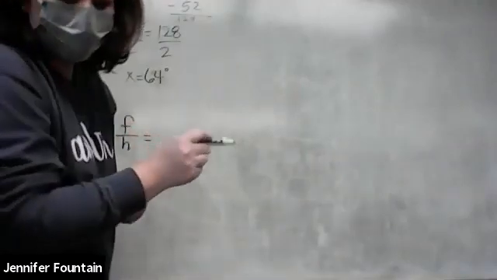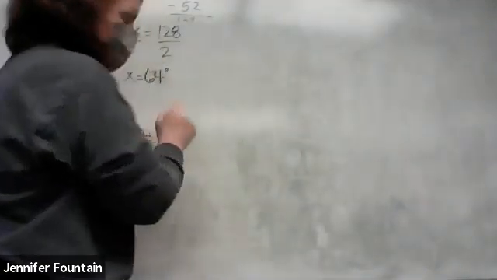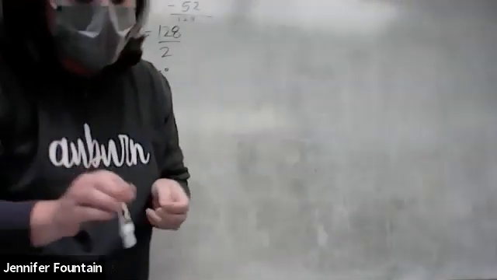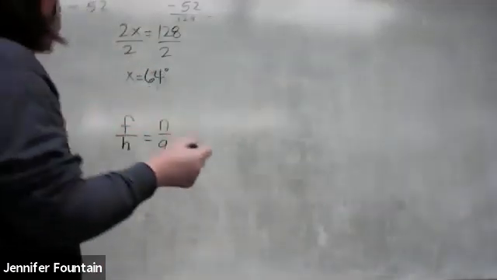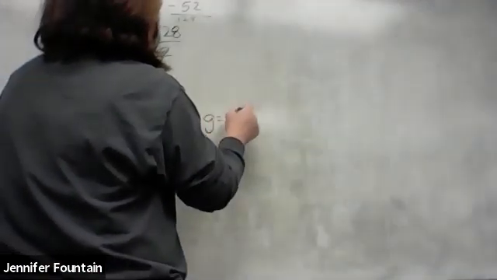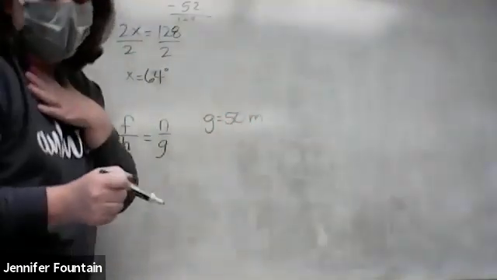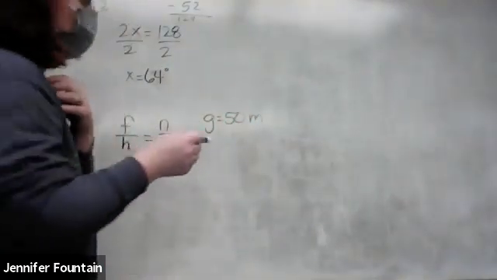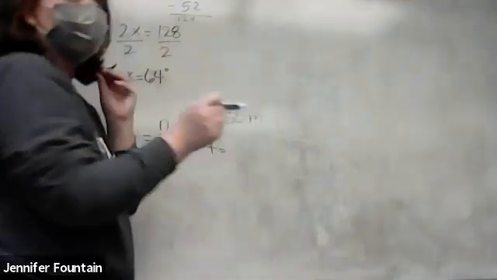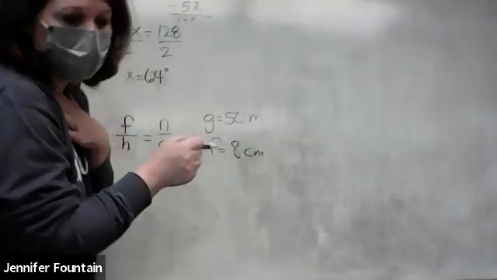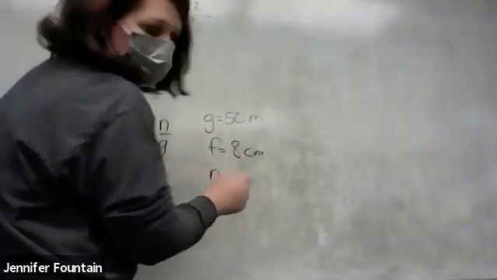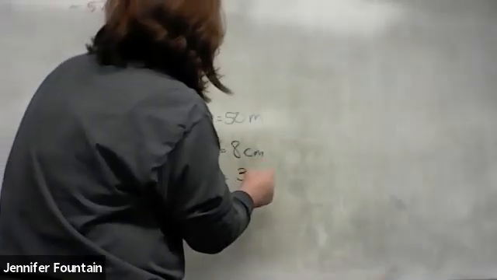So they just told us the proportion I'm using is going to be F over H is equal to N over G. Now, let's look at what they said. Okay, so G is what? They said G is equal to 50 what? Meters. What did they say to use for F? 8 centimeters. And what did they say to use for N? 3 centimeters.